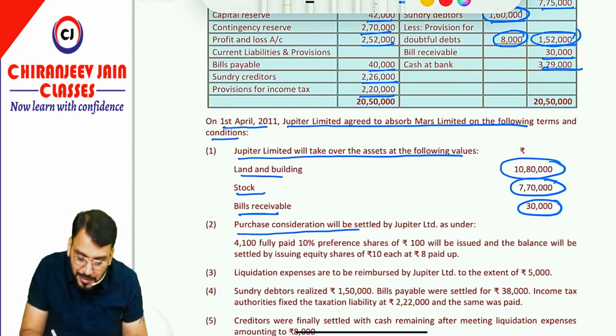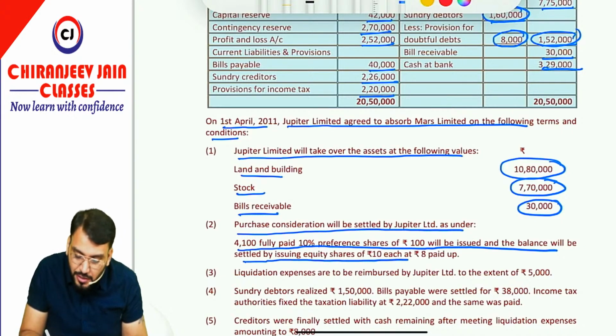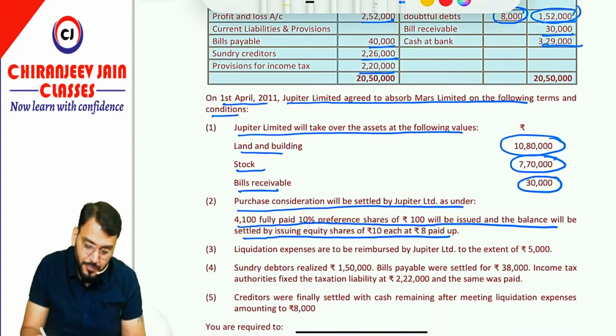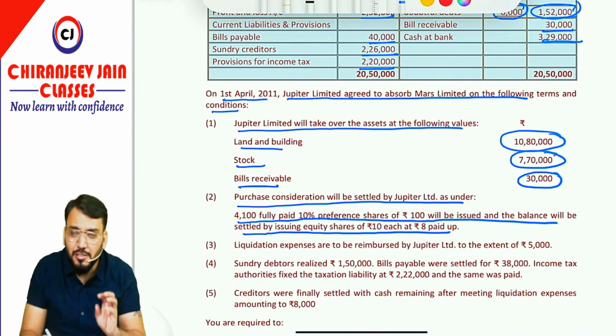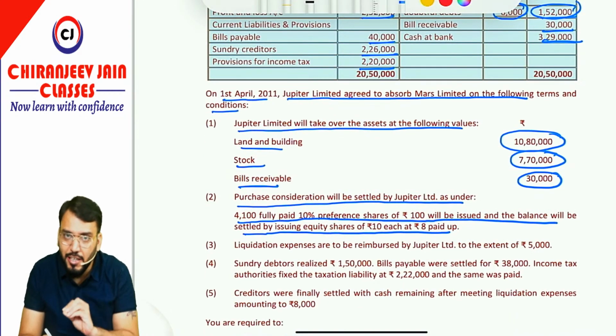Purchase consideration will be settled by Jupiter Limited as under: 4,100 fully paid 10% preference shares of rupees 100 each will be issued and the balance will be settled by issuing equity shares of rupees 10 each at rupees 8 paid up. Correct. It means one thing is clear: all assets are not taken over.